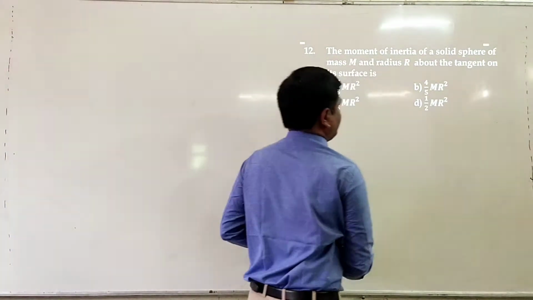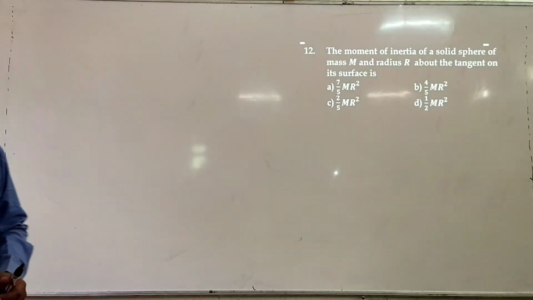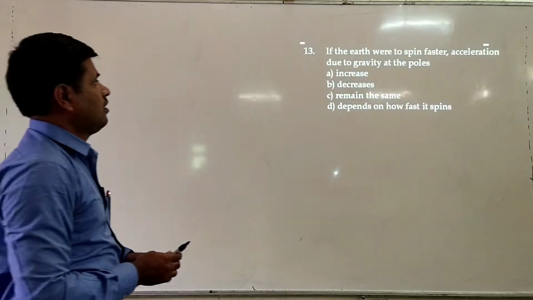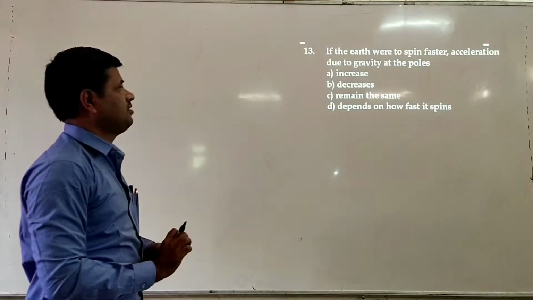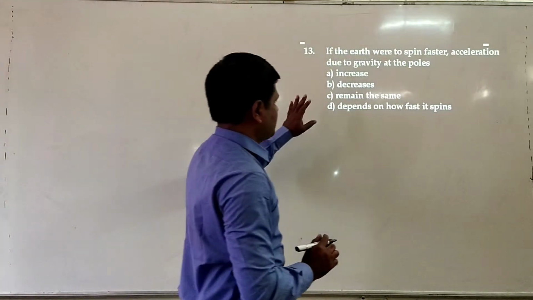Next we go to question number 13. If the earth were to spin faster, acceleration due to gravity at the poles.